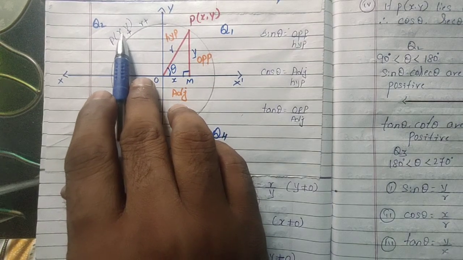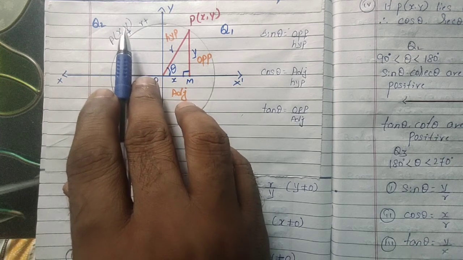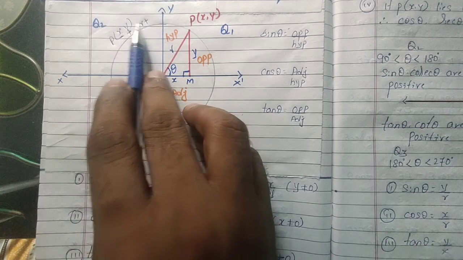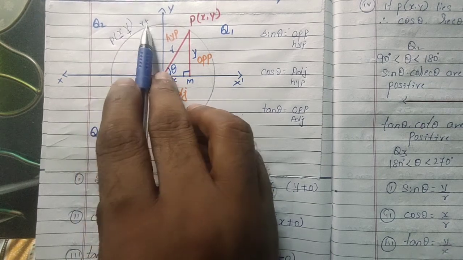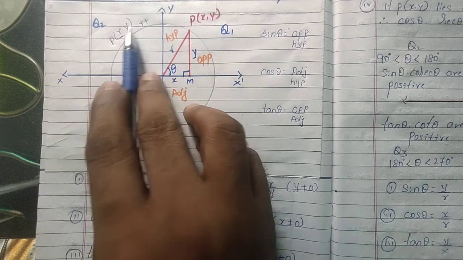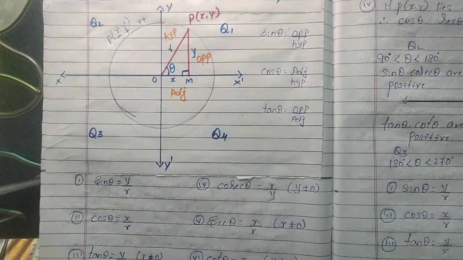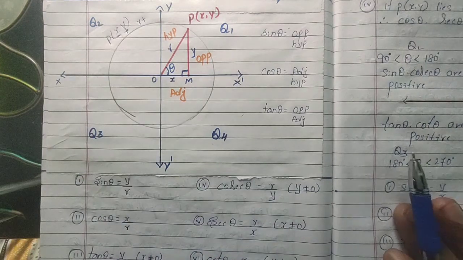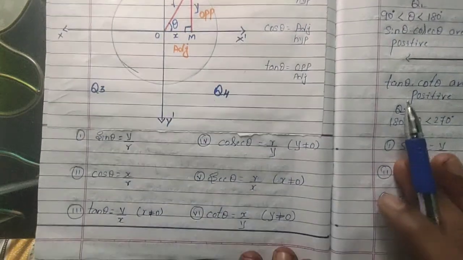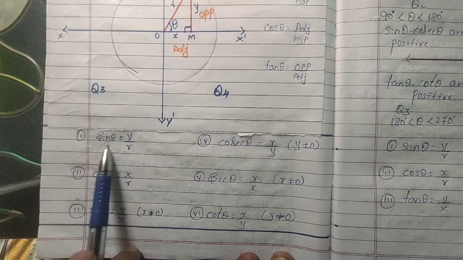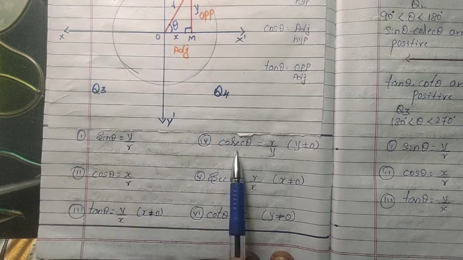So the trigonometric ratio which is containing y and r, both are positive, no? So when you take r and y ratio, that trigonometric ratio will be positive in the second quadrant. If you want to check here, y and r is a ratio of sin theta and cosecant theta.